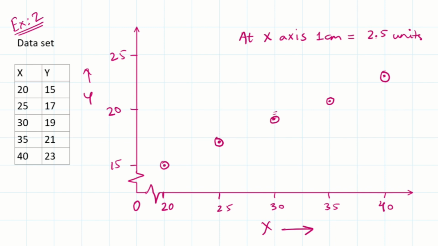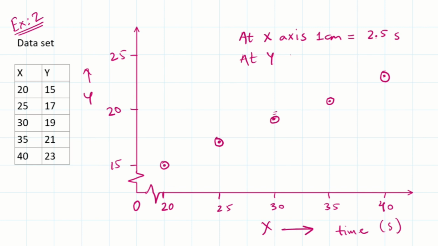Units of the quantity you would be having here. For example, if it's time, and time in seconds, each centimeter on the x-axis will be equal to 2.5 seconds. Similarly, on y-axis, if we have speed, and this is some acceleration graph, so we have speed on the y-axis. So how will we write this?